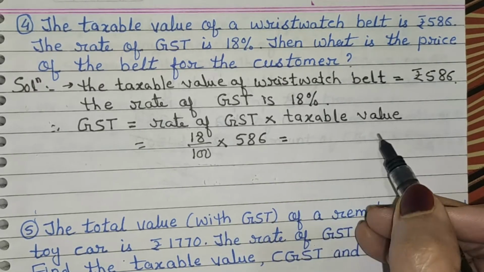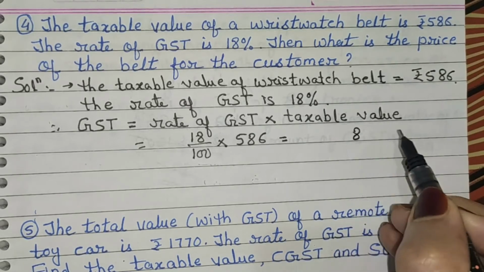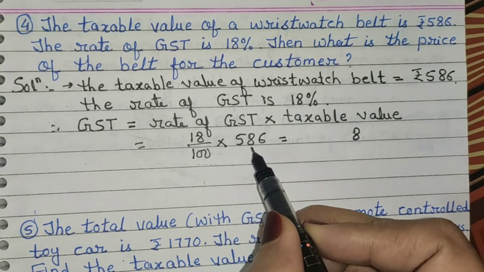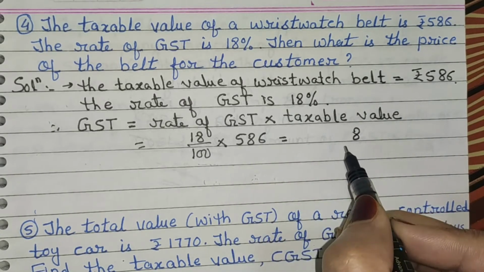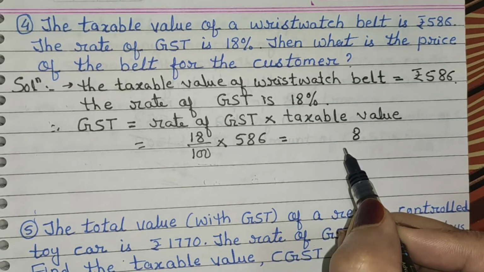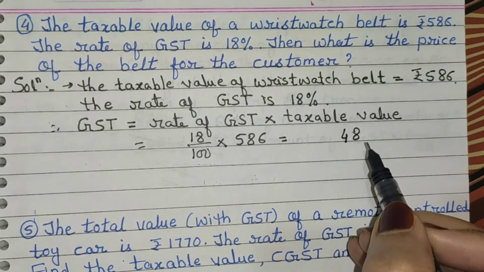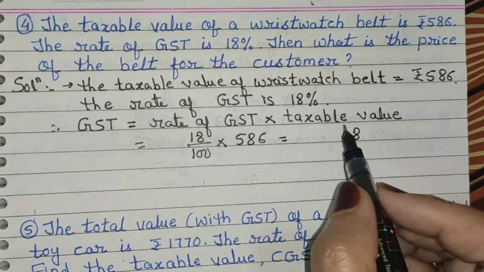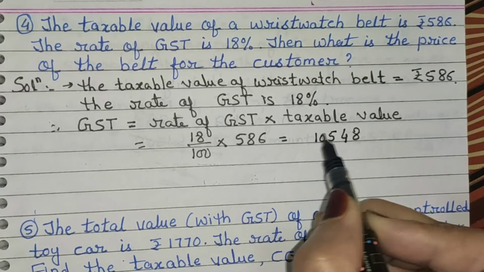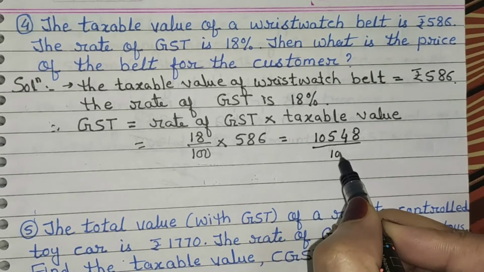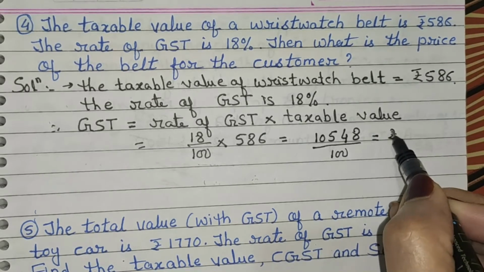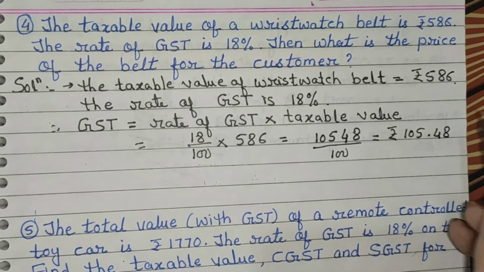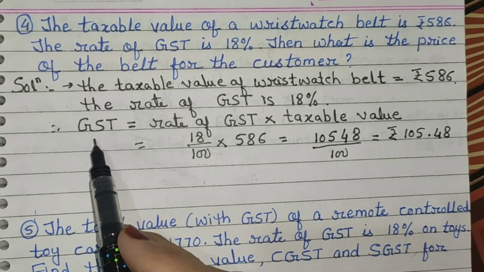Now 18 6s are 108, 8 carry 10. 18 8s are 144. Therefore 144 plus 10 we get 154, 4 carry 15. Now 18 5s are 90. 90 plus 15 we get 105 divided by 100. Now solve it. We get here 105.48. It is the amount of GST.